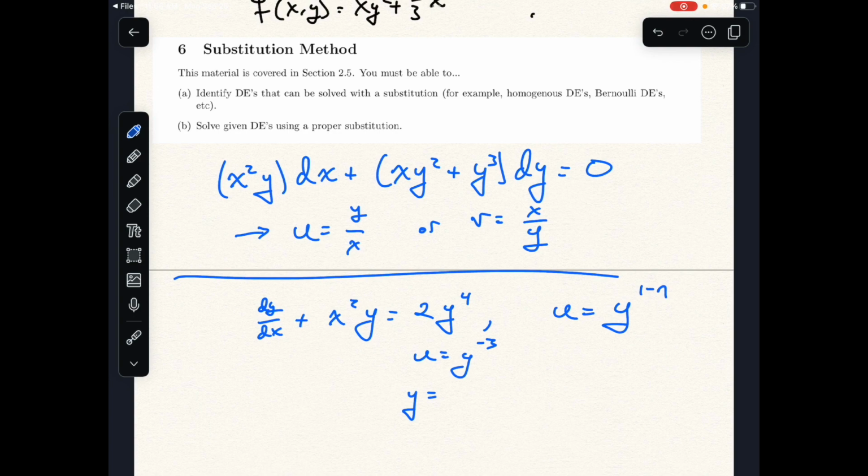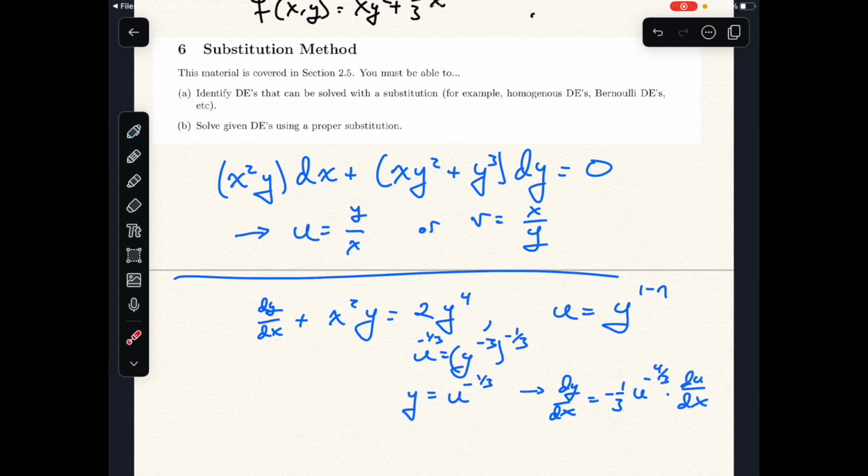So here, y would be equal to u to the -1/3. Just raise both sides to the -1/3 power, so the -3 and the -1/3 cancel. And then what would dy dx be? It would be negative 1/3 u to the negative 4/3 times du dx.